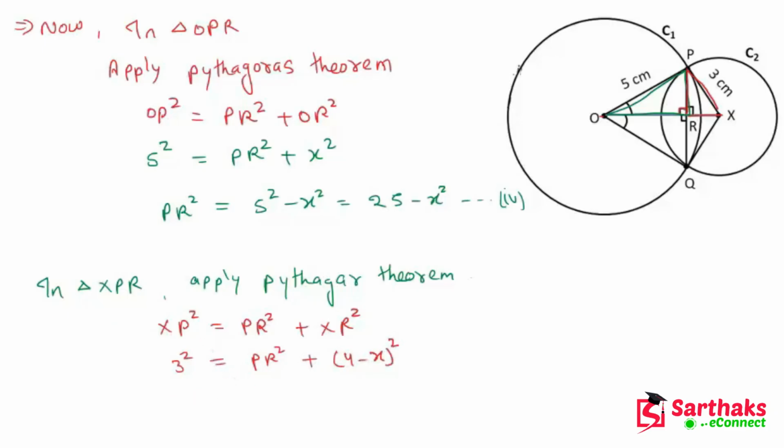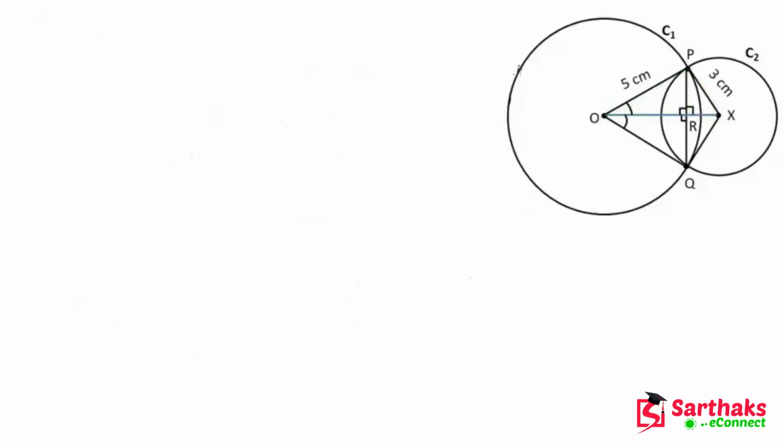So now we can write PR square is equal to 3 square, which means 9, minus 4 minus X whole square. Now we have to open this bracket, and this is like A minus B whole square.